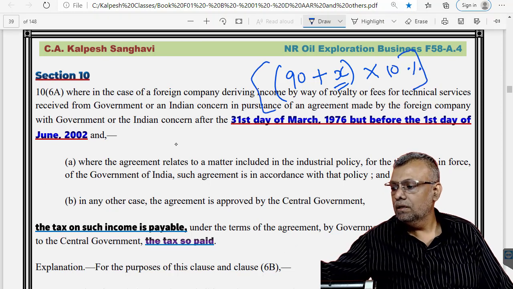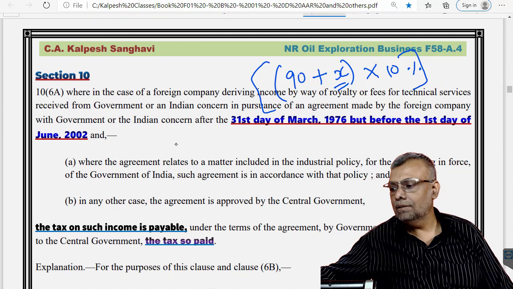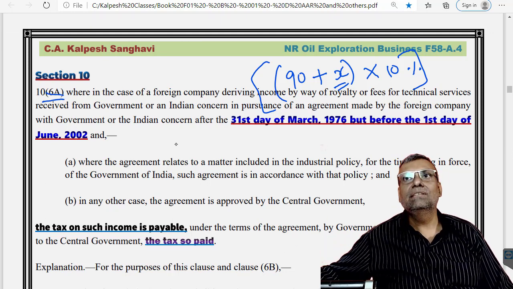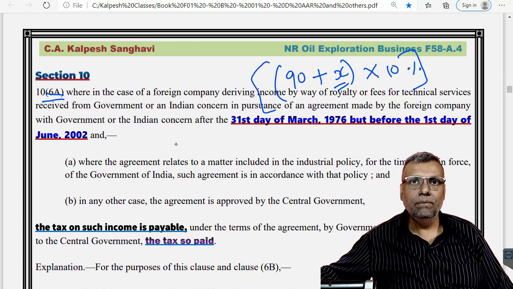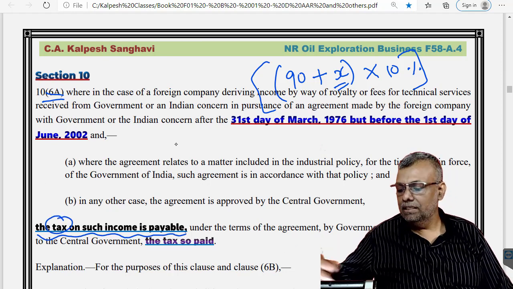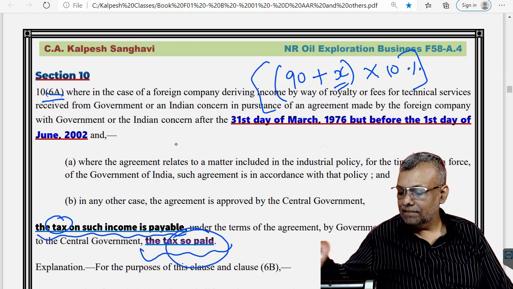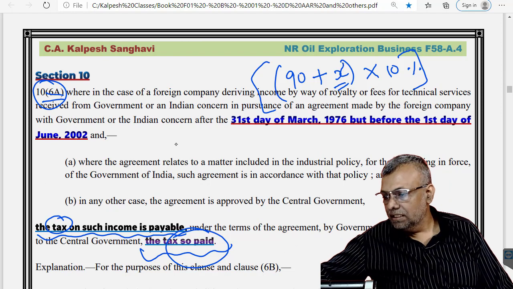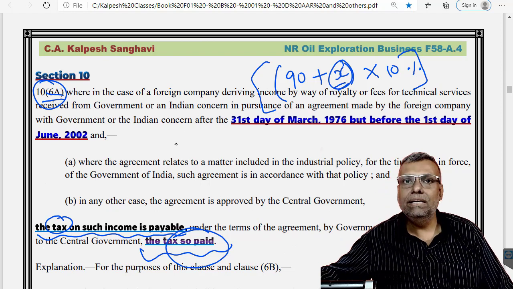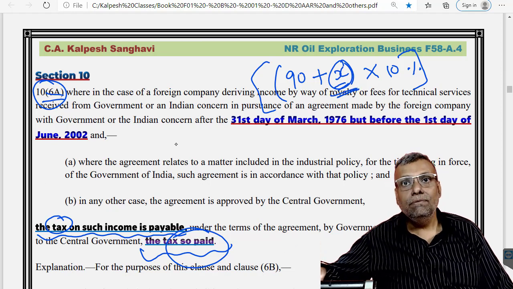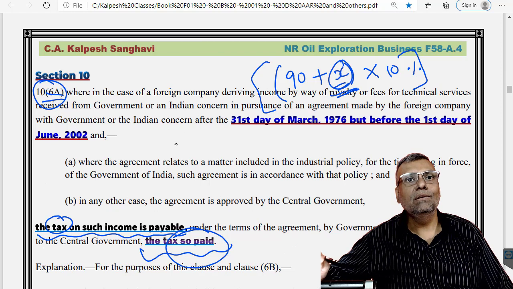This is the net income, and on that you calculate the tax liability. Now if the conditions of section 10(6)(a) are satisfied, whatever tax on such income is payable is exempt. Whatever taxes so paid will be exempt under section 10. In other words, this X will not have to be added because it is exempt income.